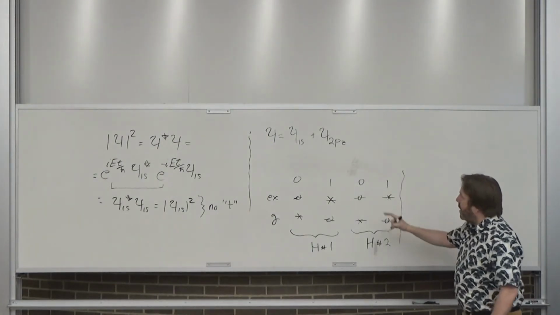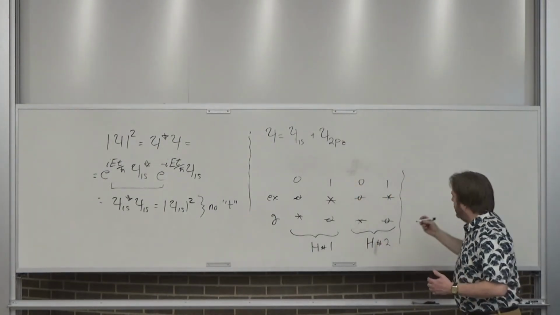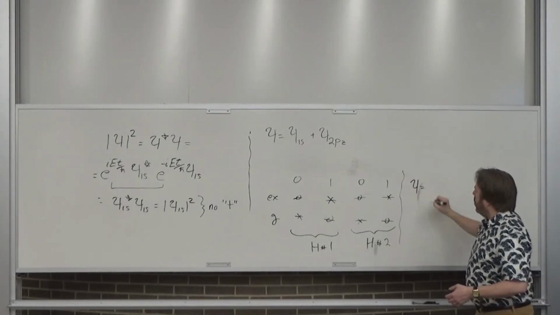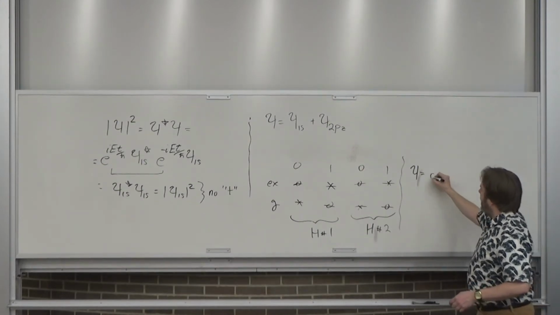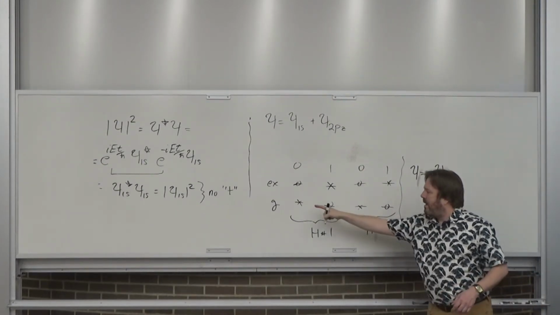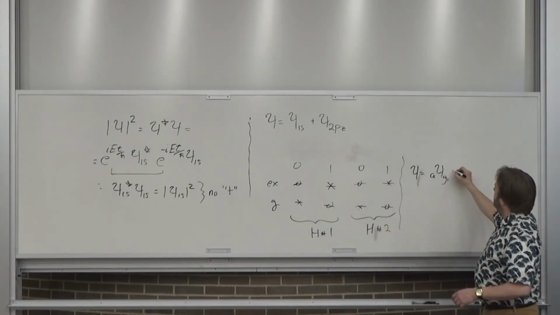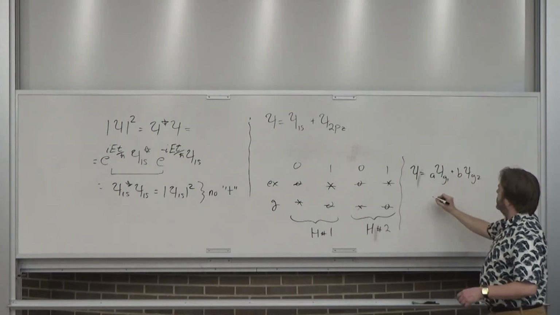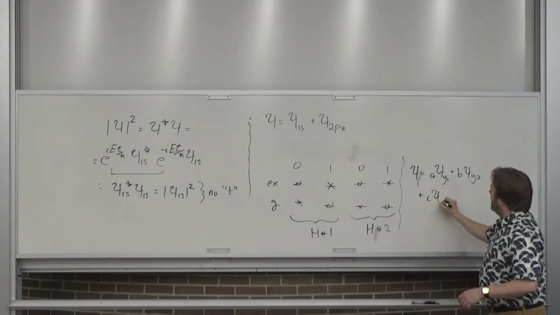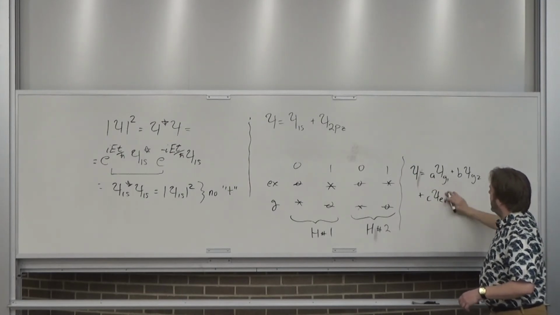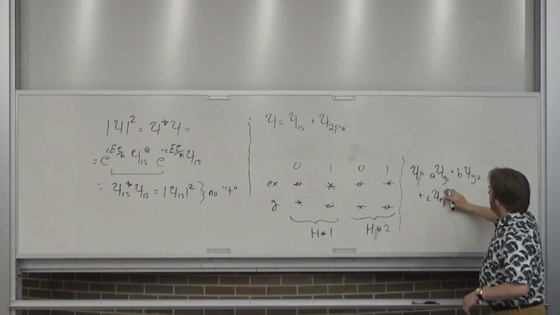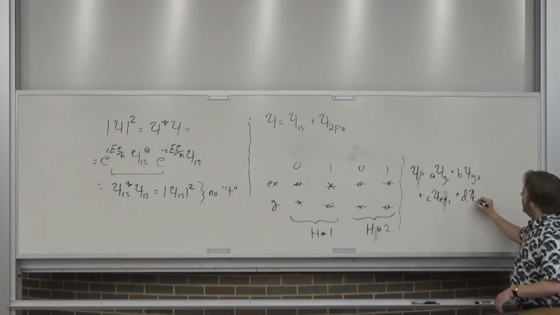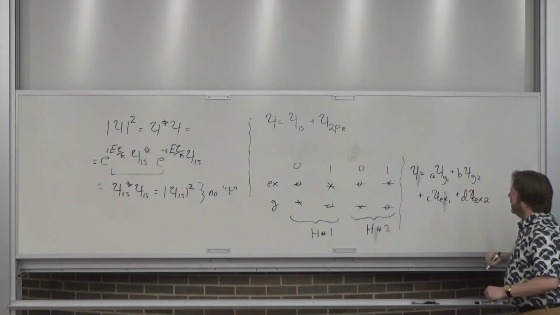But from what you've seen about superposition and how it's dynamical, so it's real, the way that a quantum computer works is that it can take a coefficient of the ground state for the first hydrogen, and it has another coefficient for the ground state of the second hydrogen, and it can mix in an excited state of the first hydrogen atom, excited 1, and it can have some component of the excited state of the second hydrogen atom.